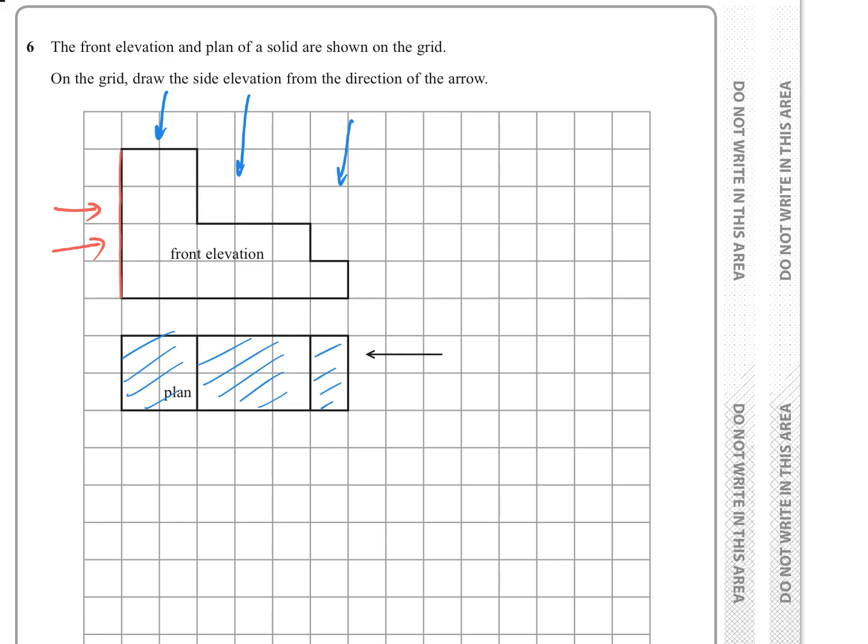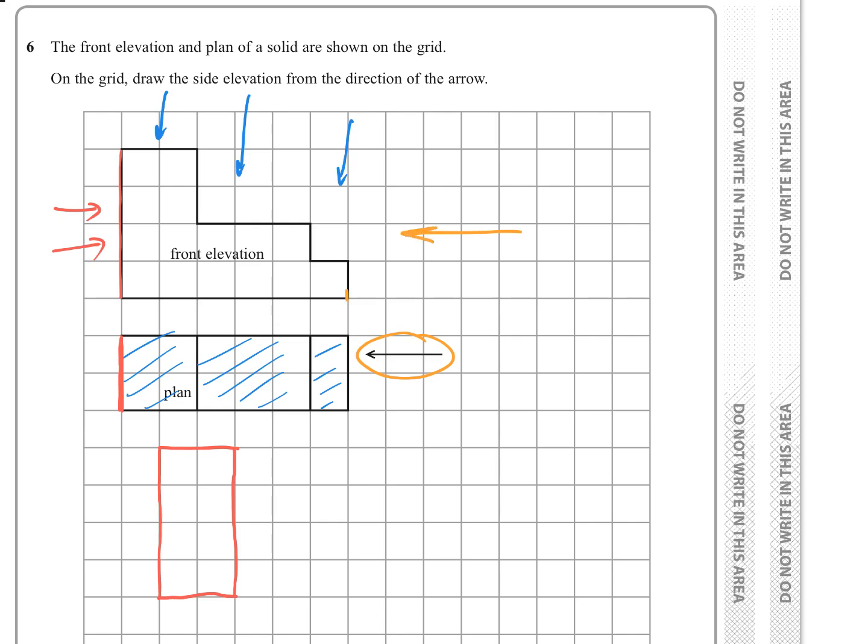That's 1, 2, 3, 4. And how wide is it? Well, you can see here from the plan that it's 2. So if I do this diagram here, I'll have 2, and then 1, 2, 3, 4. And the interesting thing that I've just noticed, so I could have got this wrong if I wasn't paying attention, the arrow is facing this way, so it wants it from the side this way.